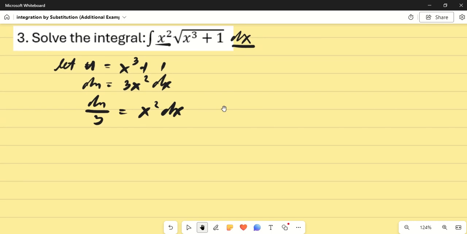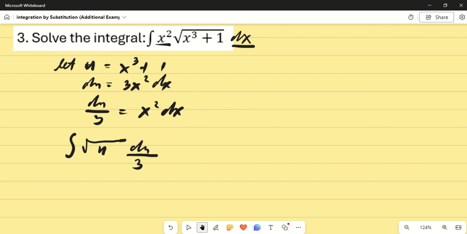Okay, now we are ready to solve the integral of the given expression. So you have the integral of square root of x cubed plus 1. This time we replace that with u, and then your x squared dx will be replaced with du all over 3.